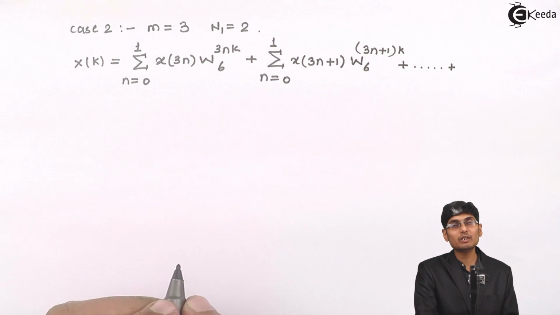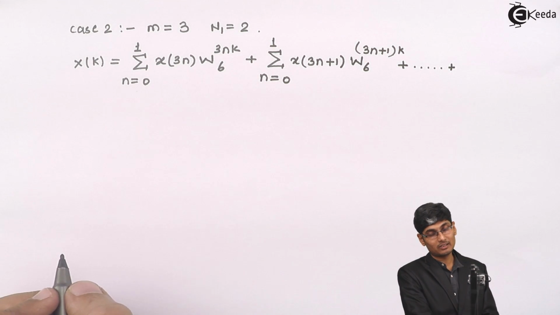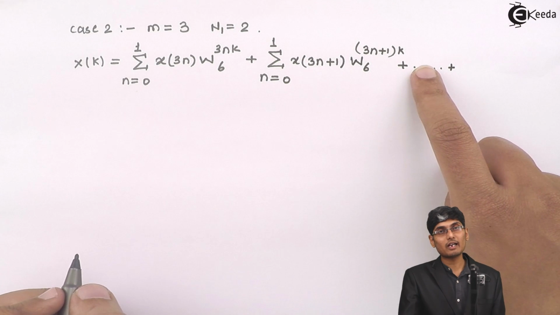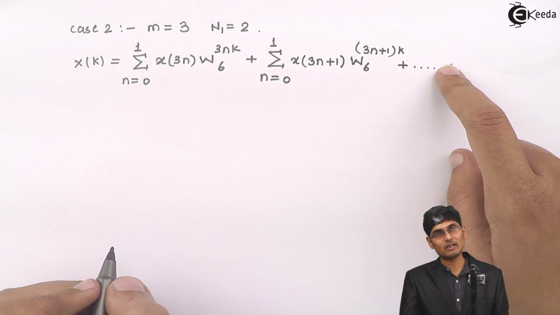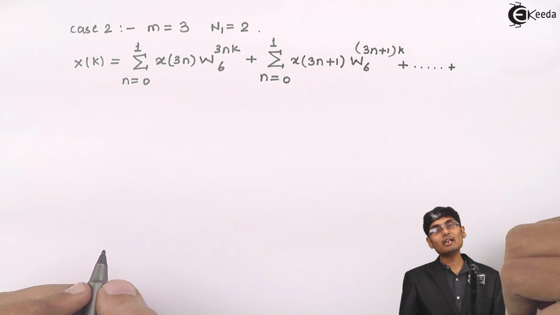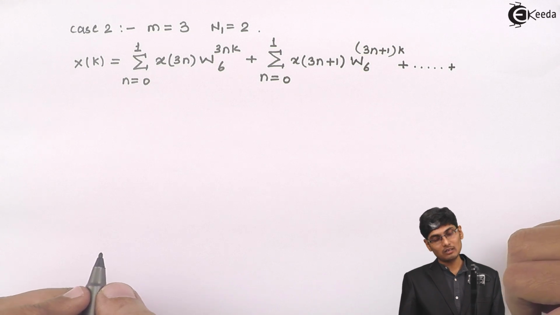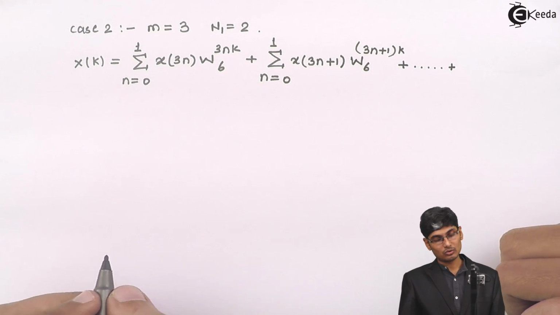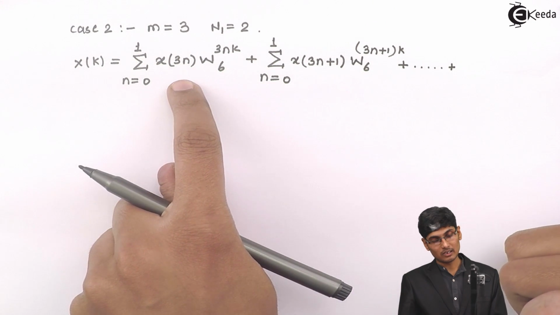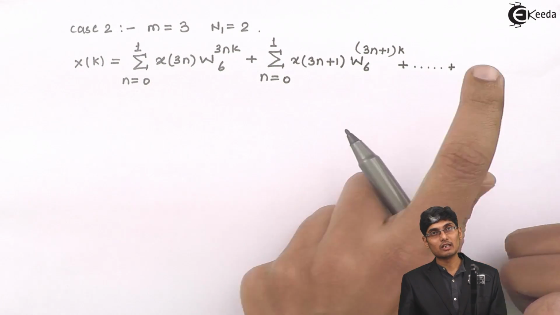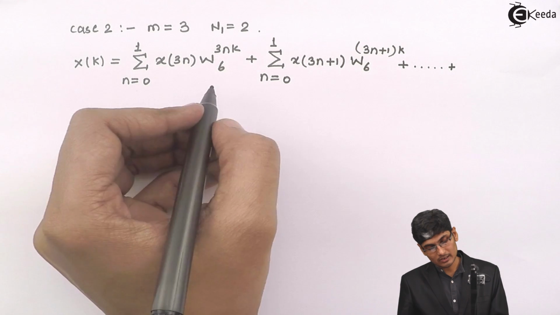How many terms should there be? There should be only 3 stages, right? So the dot dot dot stands for one more stage, not many, because your m minus 1 will be 3 minus 1, which is 2. So including this, 1, 2 and 3, there will be 3 total stages.